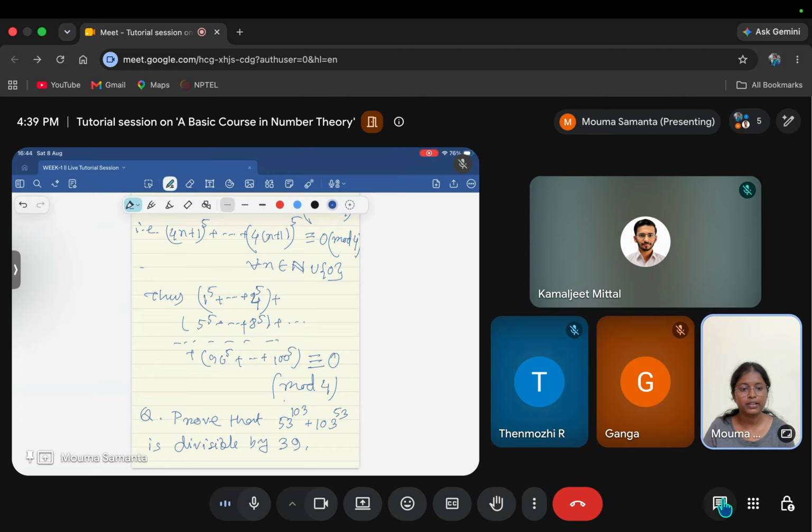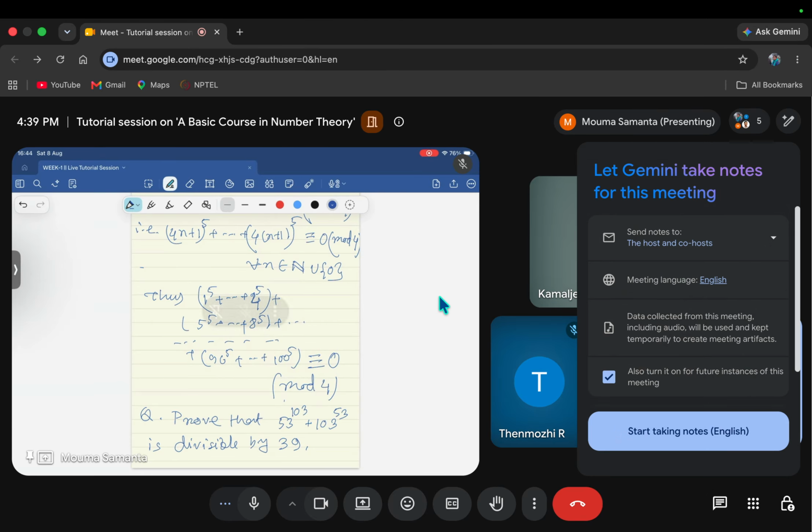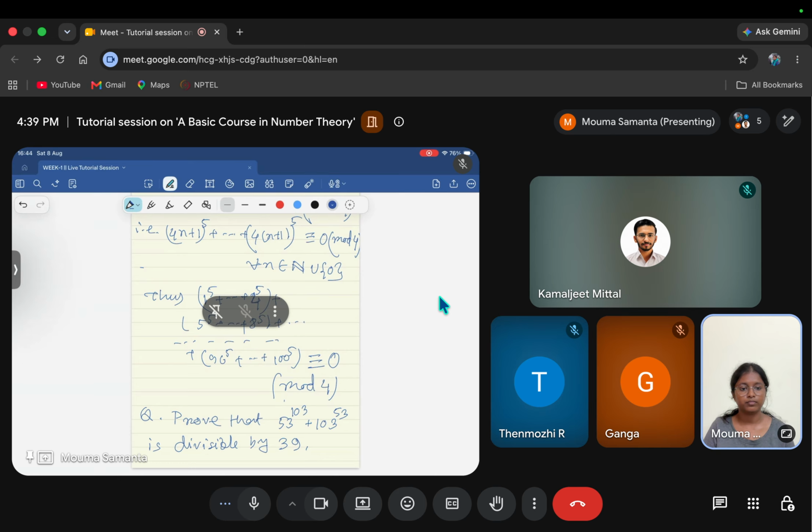Can you try it? Ganga or Tenmoji or Kamaljeet?